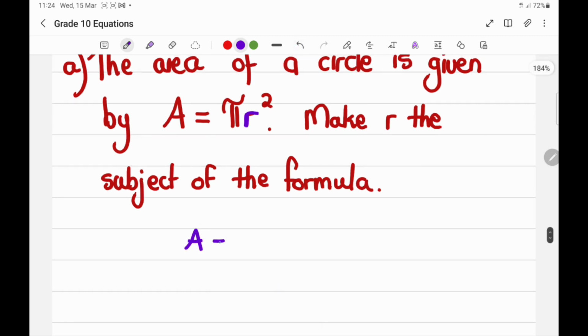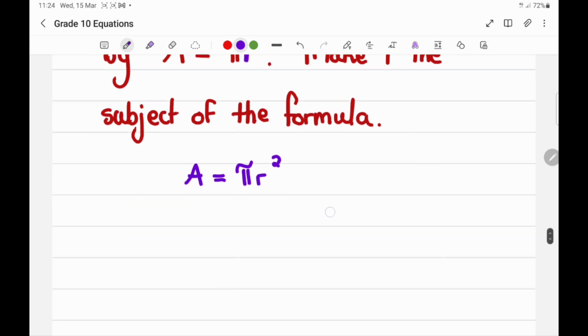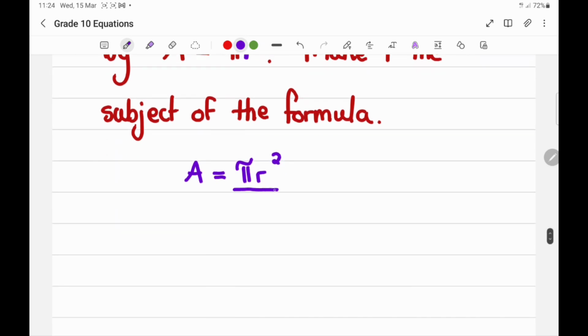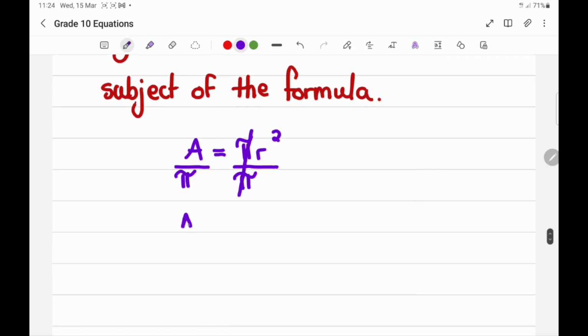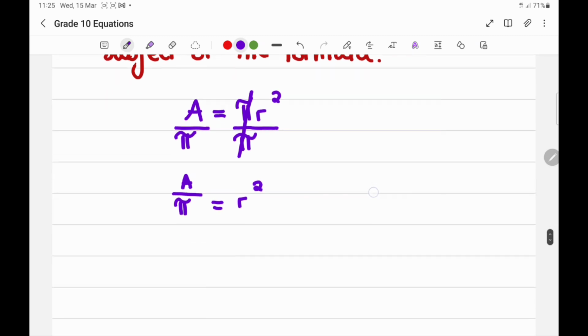So if we've got A is equal to pi r squared, can you see that the first thing we can do is we can divide away with pi on each side. Then we'll be left with that. So I'm just going to rewrite that. A over pi is equal to r squared. Now, what is the inverse?